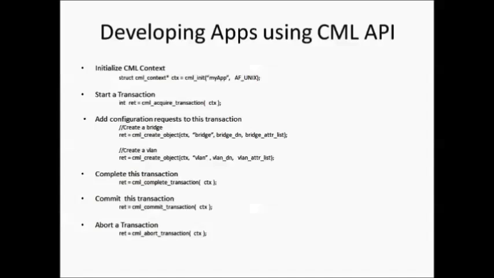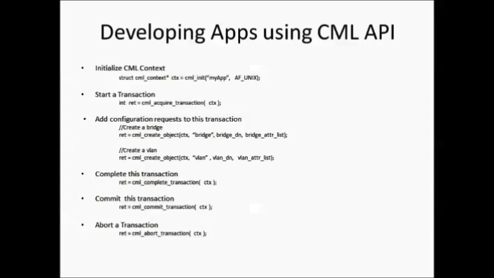Similarly, you use CML create object to create an instance of a VLAN by passing the necessary parameters to the CML create object API. Now, what exactly you have done is you have added two configuration operations into the transaction which you have just created. Both these configuration operations will get performed atomically, which means either the creation of both bridge and VLAN will succeed, or in case either bridge creation or VLAN creation fails, the entire transaction itself will fail, which means neither the bridge nor the VLAN will get created.